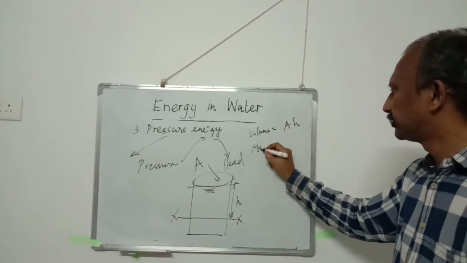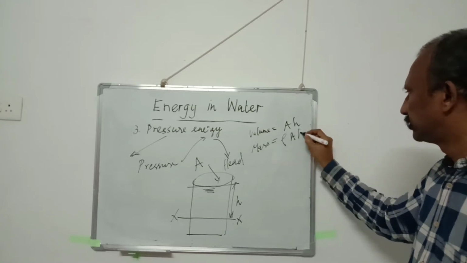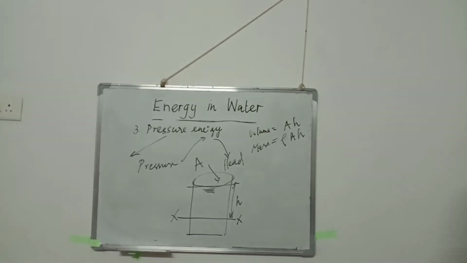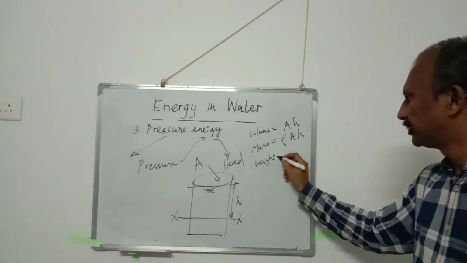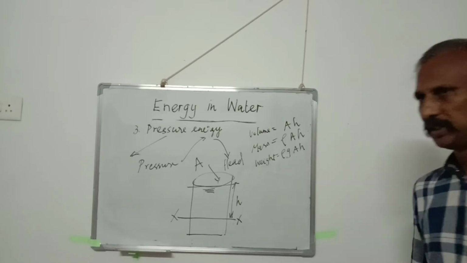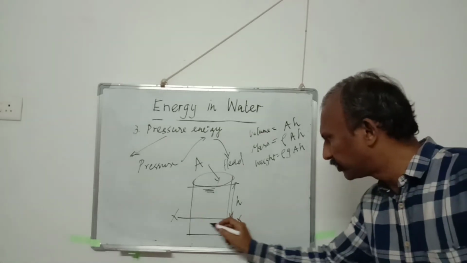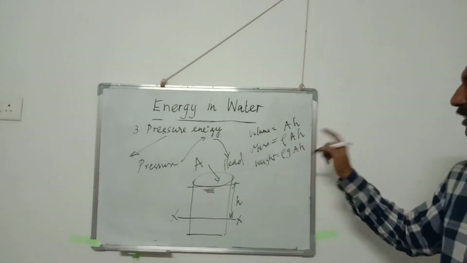What is the mass? Mass is mass density into volume. So what is the weight? Weight is rho g A h. So the total weight above this plane is rho g A h.